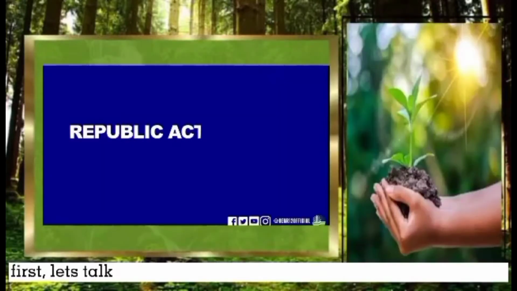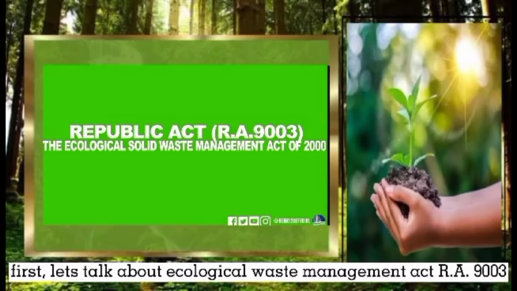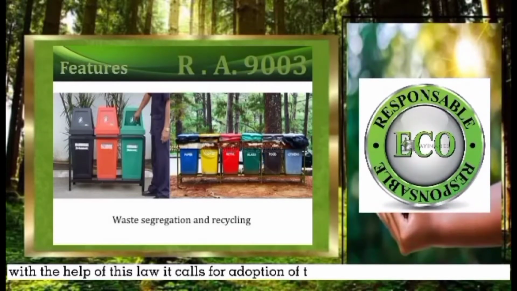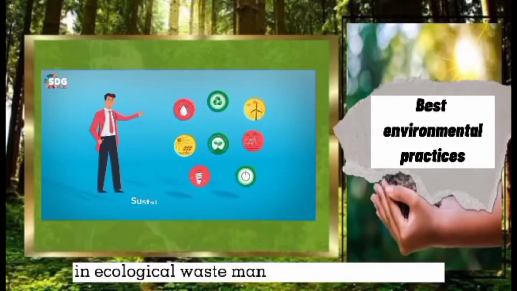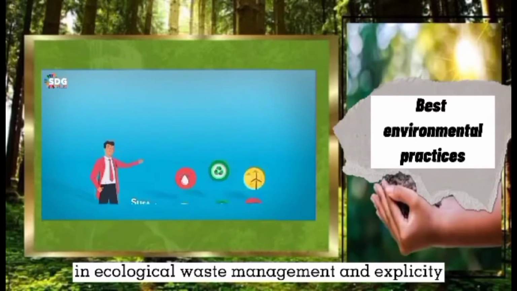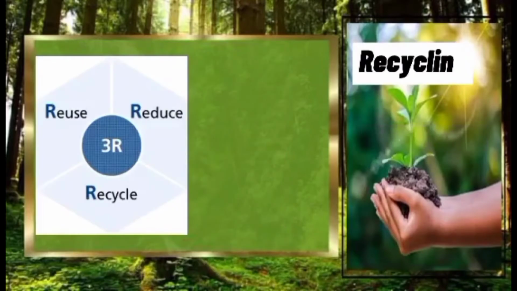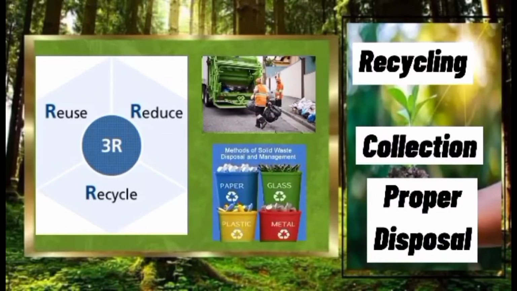First, let's talk about the Ecological Waste Management Act, RA 9003. With the help of this law, it calls for the adoption of the best environmental practices in ecological waste management. One of the best practices in the Ecological Waste Management Act of 9003 is recycling, collection, and proper disposal of the garbage.